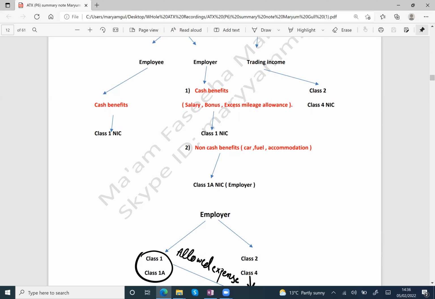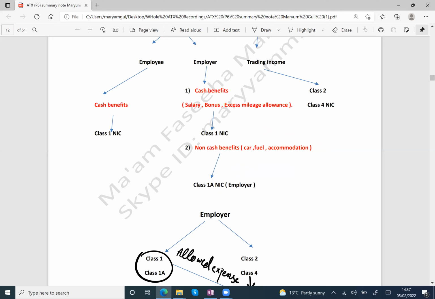Number 2, below the employer, you can see number 2: if your employer is giving you non-cash benefits, just like car, fuel, accommodation, etc. There are many, we will see them in the basic employment income chapter. So on non-cash benefits, the employer will pay class 1A NIC.